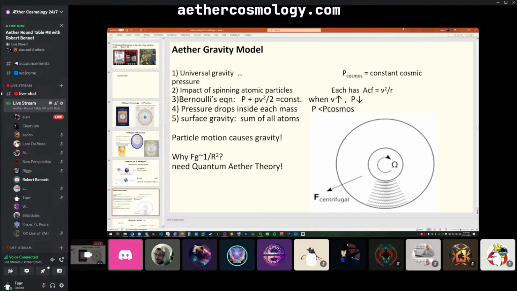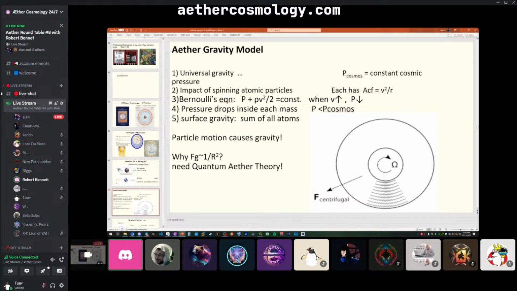But if you add up all of the pressure drops from all of the atoms and all of the electrons and all of the spinning objects at the atomic level, you get something that would cause a drop in pressure, causing the outside pressure to be greater than the inside, which means you have an inward force towards the center of the Earth. And that's what we call gravity.